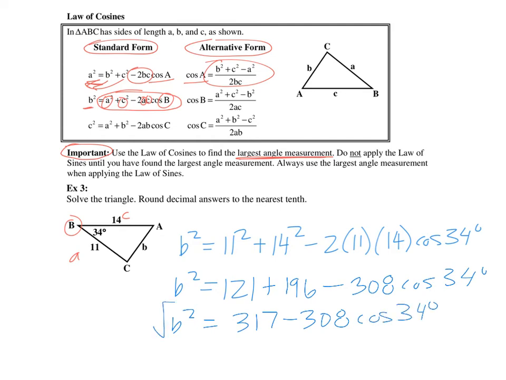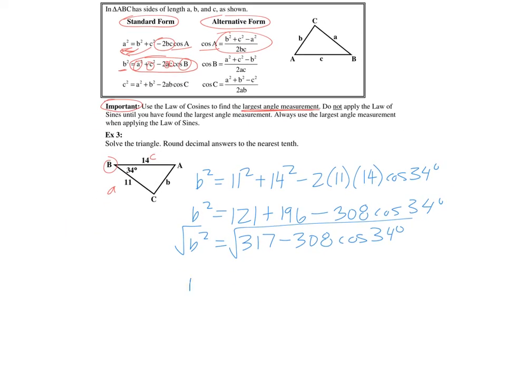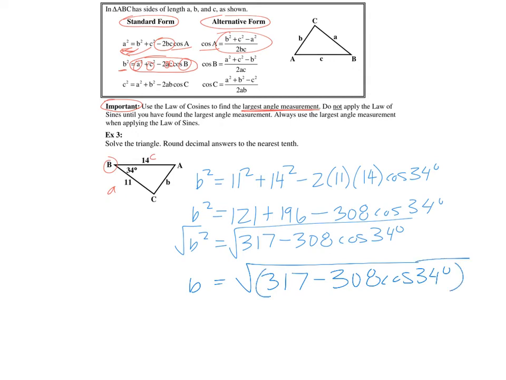I'm going to square root both sides to get B by itself. So I need to take the square root of 317 minus 308 cosine of 34 degrees. If you're using a TI calculator, make sure this is all in parentheses. So I end up with 7.9. There's my B.